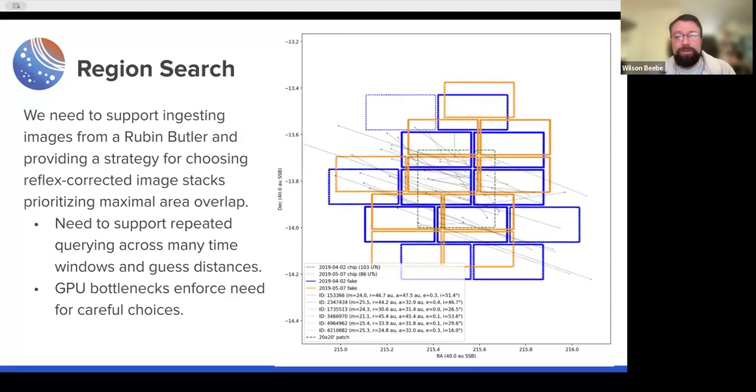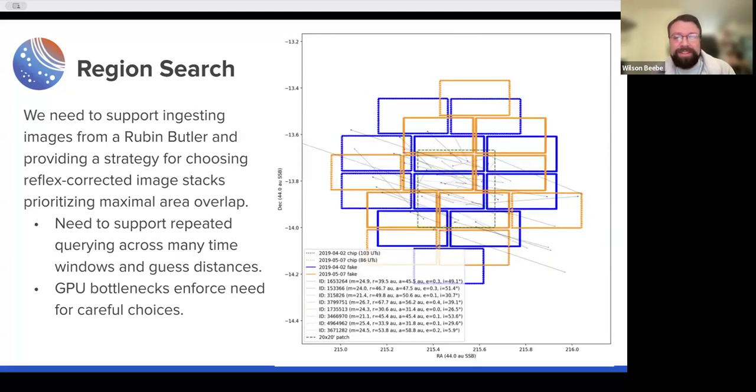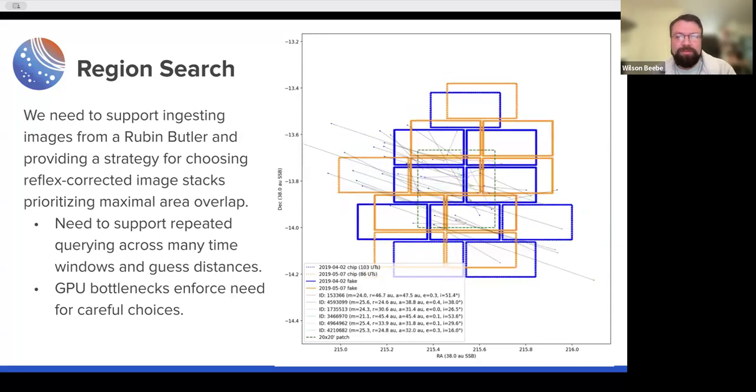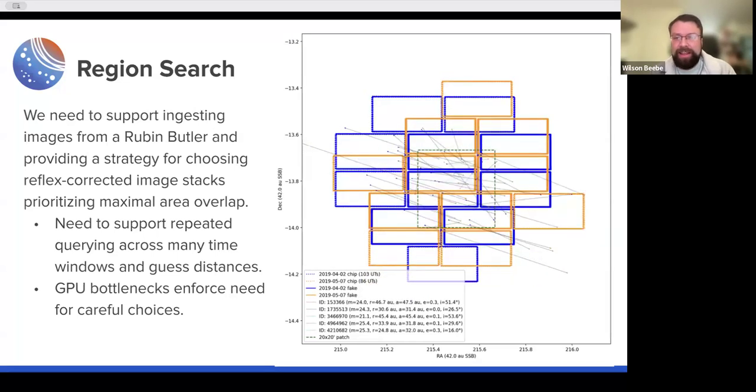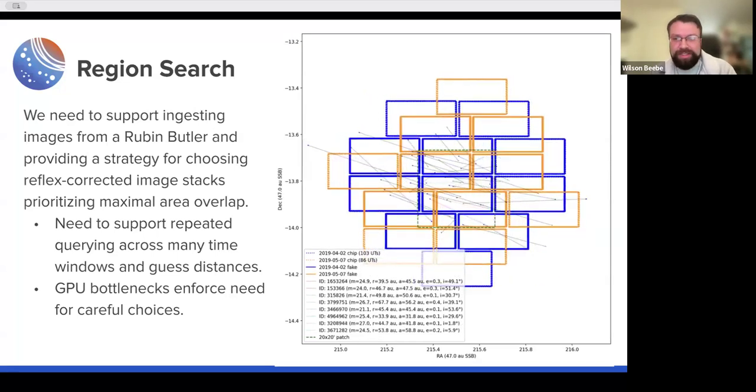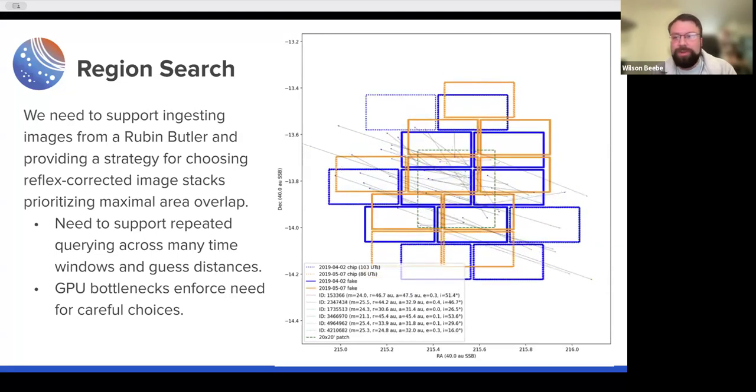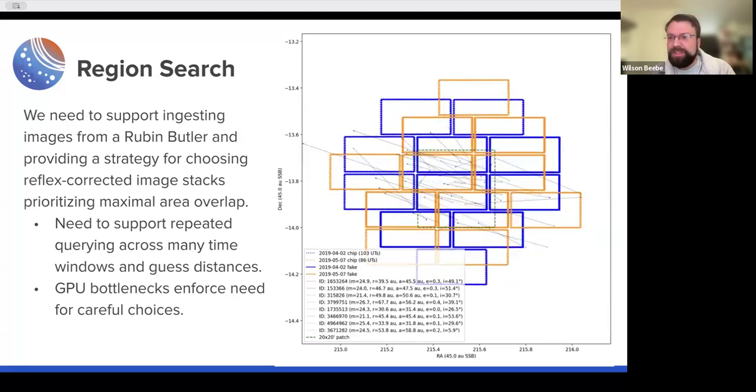And we need to be able to support repeatedly querying this across that range of time windows and guess distances. And we need to be very careful in our choices, maximizing overlap, because we do have a bottleneck with access to GPUs.